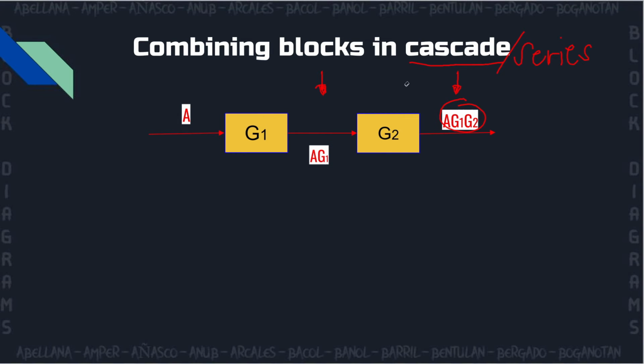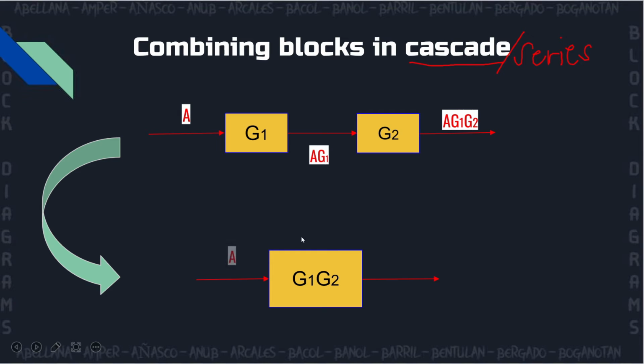Also, when combining blocks in cascade, all you need to do is to multiply the two transfer functions, as shown right here. So as you can see, we have a transfer function G1G2 and an input A. So what will be the output?